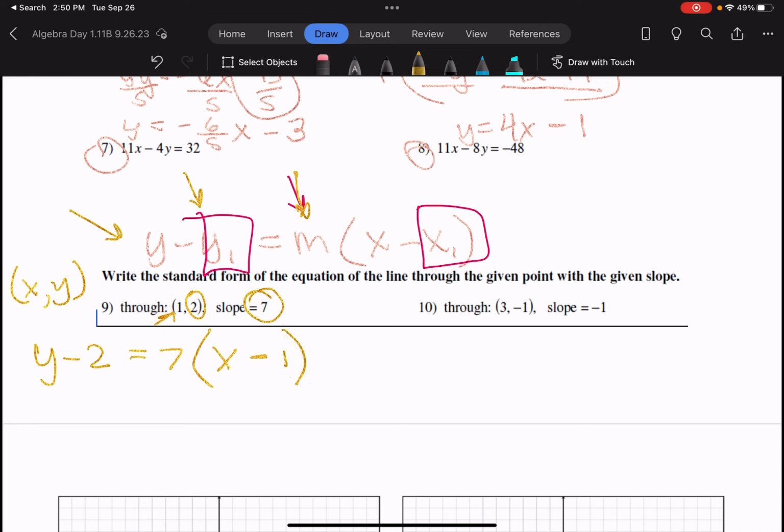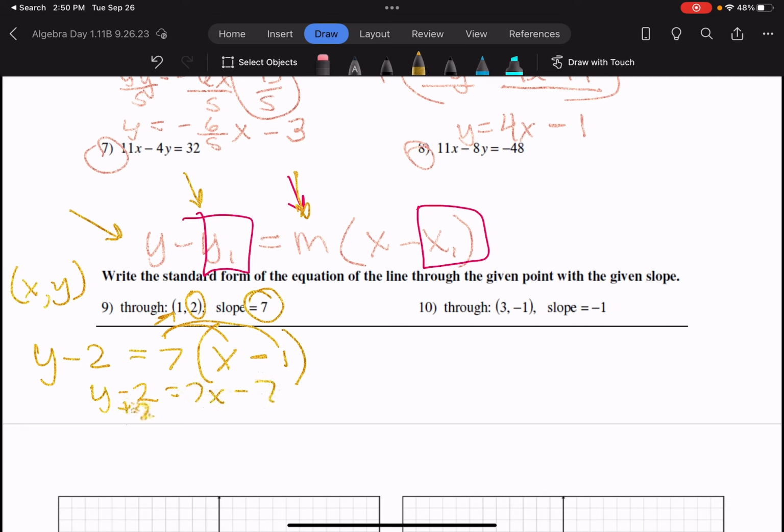Now, it says write it in standard form. I'm going to actually, for this video, show you how to put it into slope-intercept form, and I'll accept that as well. So I'm then going to go ahead and distribute the 7 through the parentheses. So we'll get y minus 2 equals 7x minus 7.